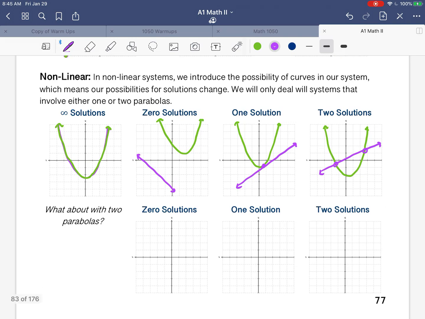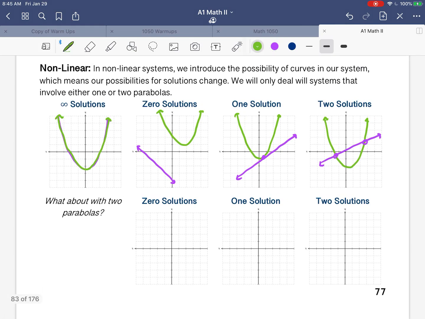We have sort of similar options for when there's two parabolas, which is something that we will encounter. So, for example, two parabolas could also have zero solutions if they look something like that and that, where they're facing different directions and they're never going to touch each other. That's zero solutions.